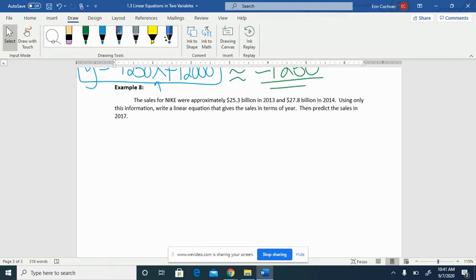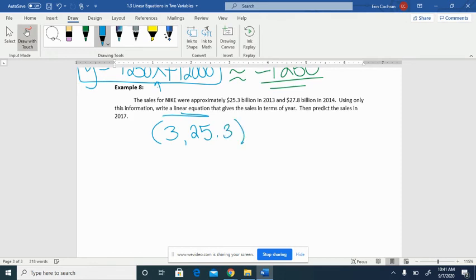Okay, so to write our linear equation, we're looking at our years here. 2013, I'm just going to label as year 3, thinking that 2010 would be our 0. In 2013, they sold 25.3 billion, and in 2014, we'll use that as year 4.